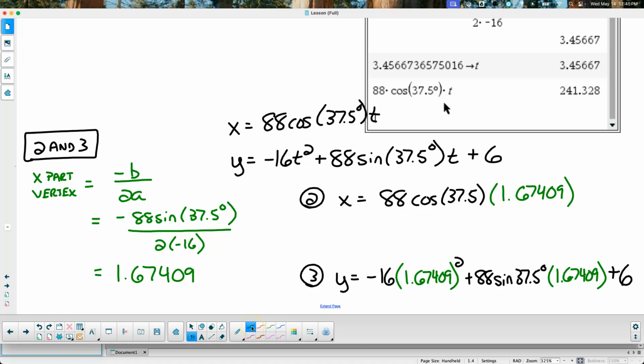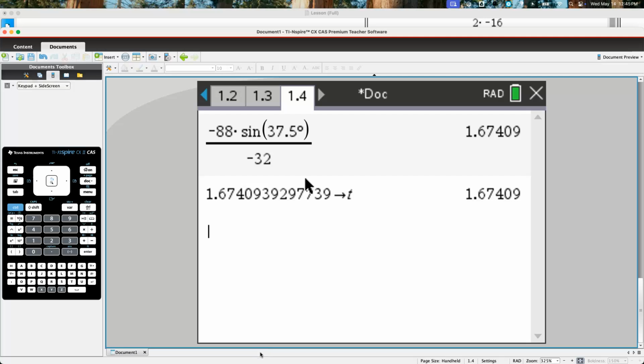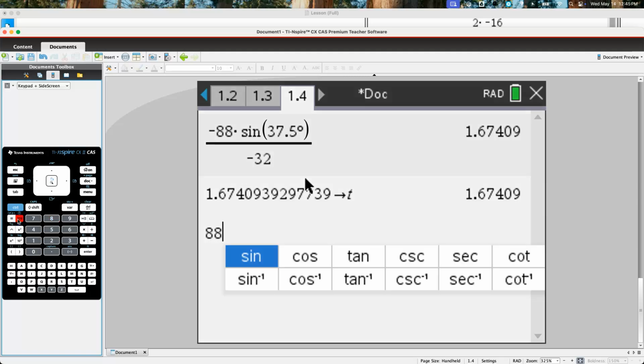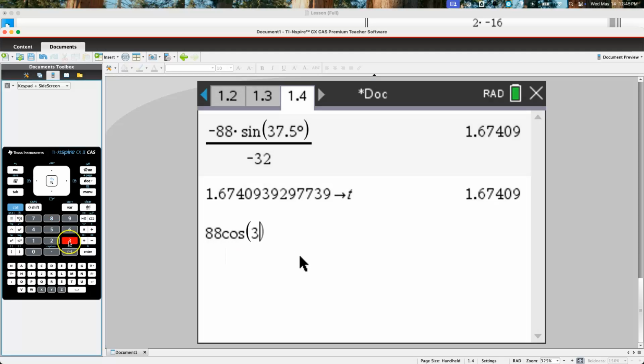But because I've got that stored as t on my calculator, I can just type those in as is. 88 cosine of 37.5 degrees times t.